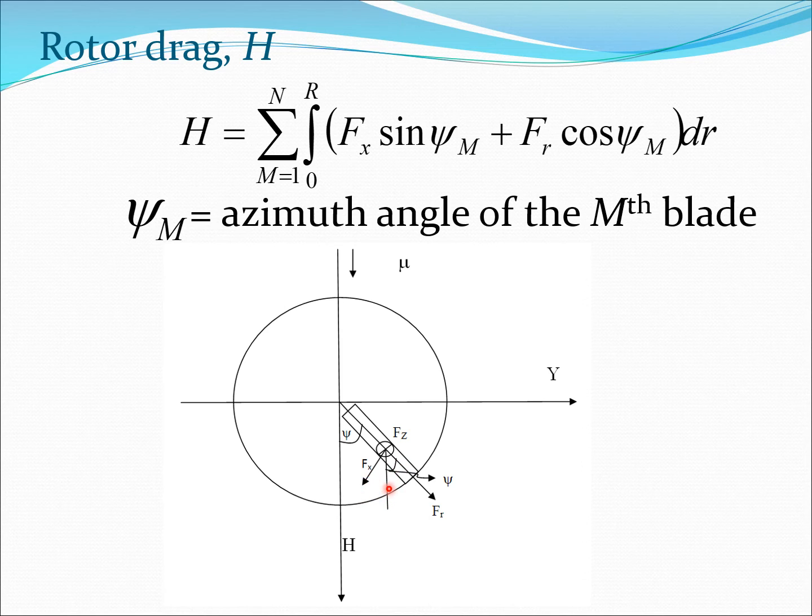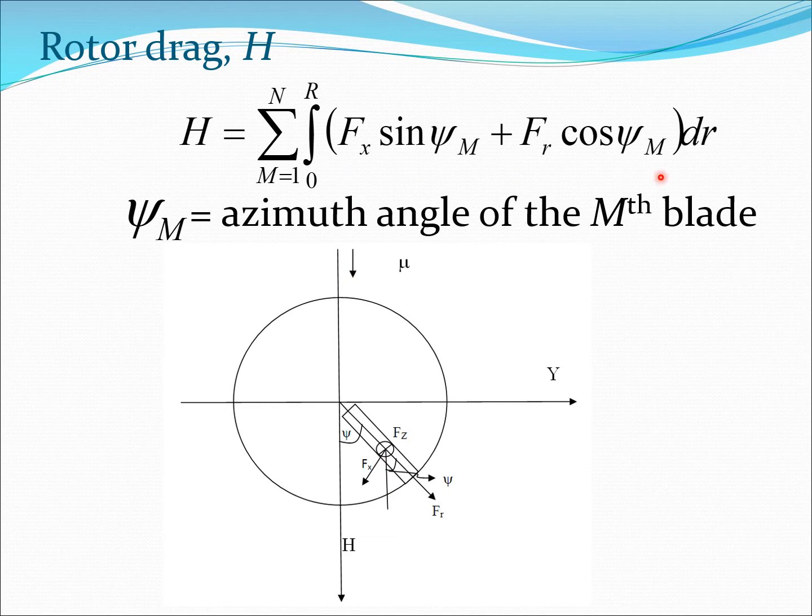So this is going to be 90 minus psi. So Fx cos of 90 minus psi would be the force into sine psi. Similarly, we take the force Fr and multiply it by cos psi. That gives us the component in this direction.